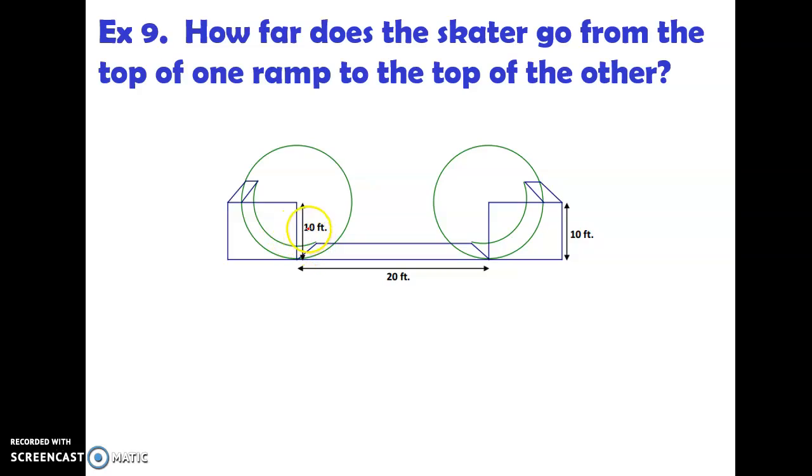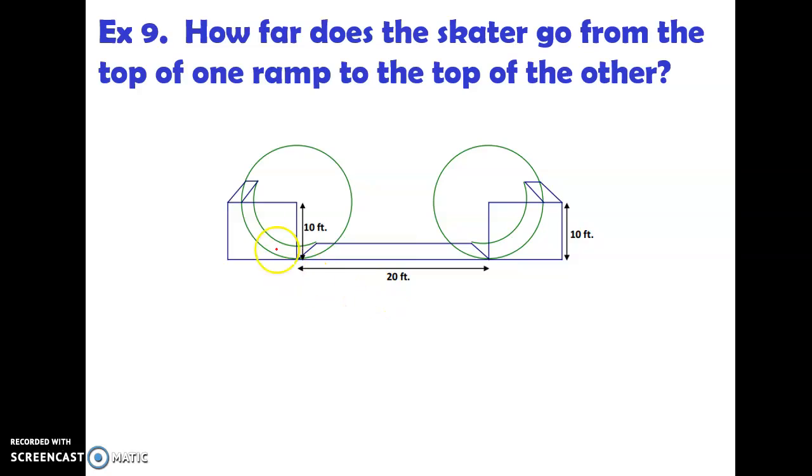Okay, let's take another look. Another example where we can use arc length for a word problem. How far does the skater go from the top of one ramp to the top of the other ramp? First of all, I know that he's going to travel this 20 feet. That part is clear.